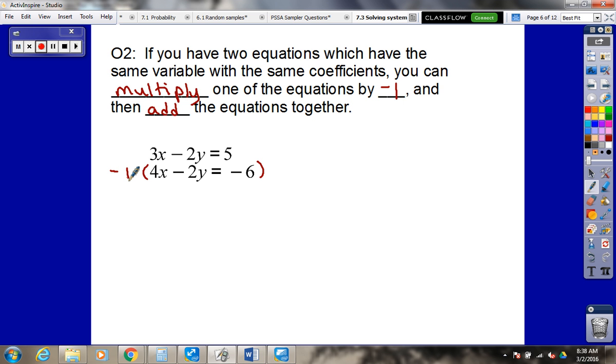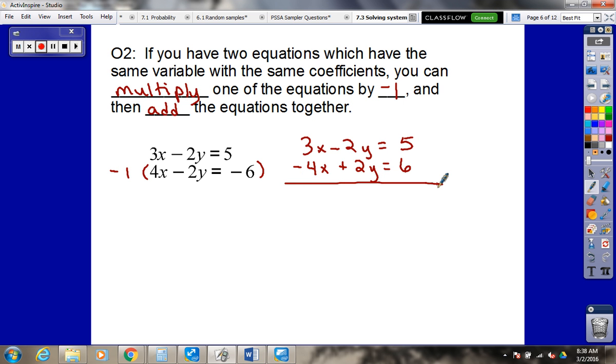I'm going to do 3x minus 2y equals 5. If I multiply everything in this equation times negative 1, Damien, what am I going to have? Negative 4x plus 2y, good, equals positive 6.